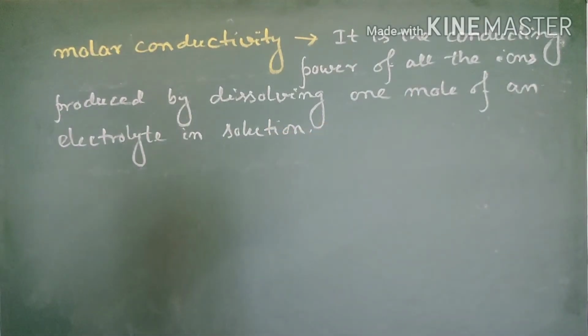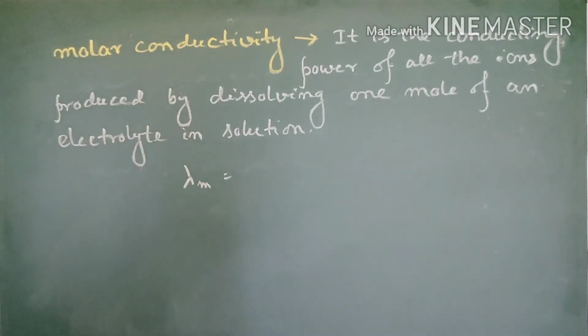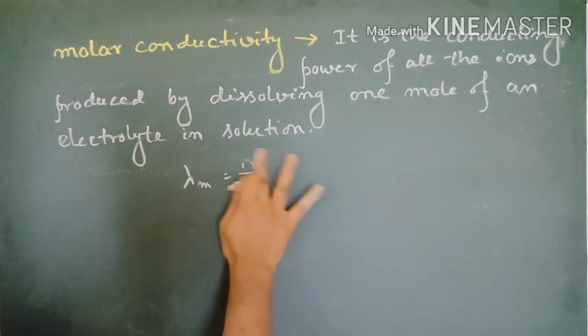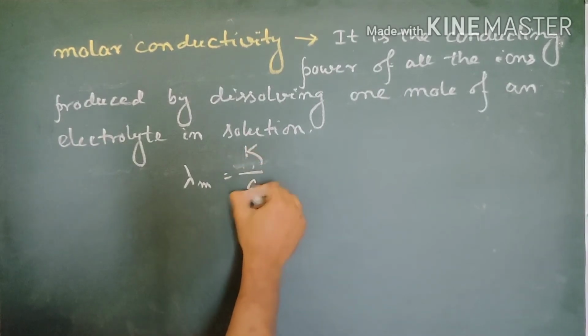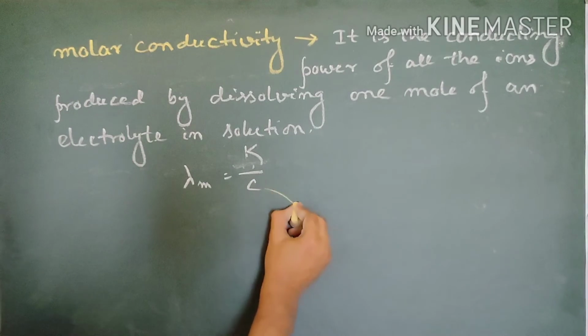So it is expressed as lambda m, and it is kappa by C. This C is the molar concentration, remember. Kappa we already know.